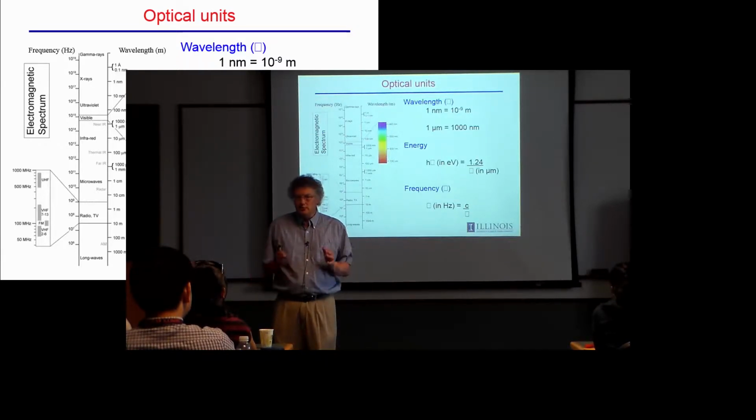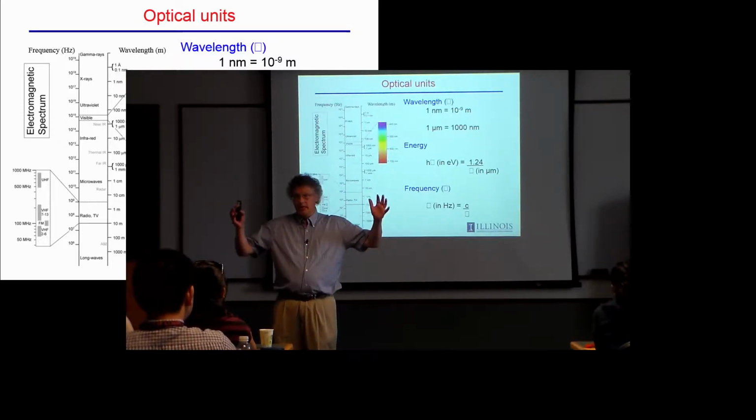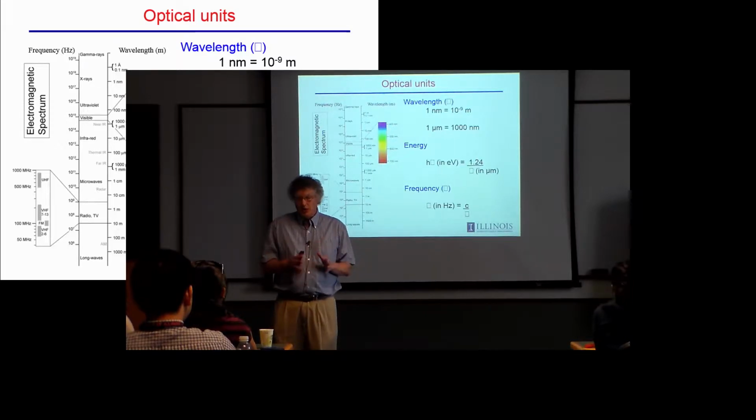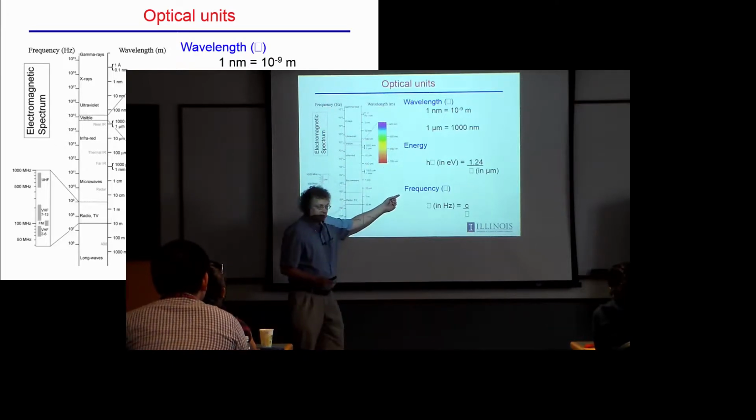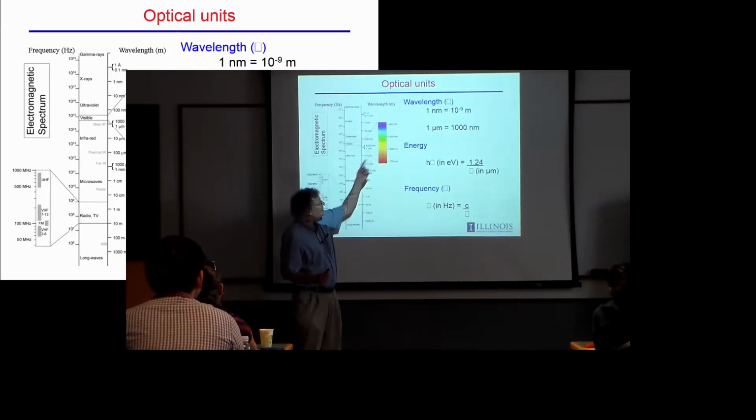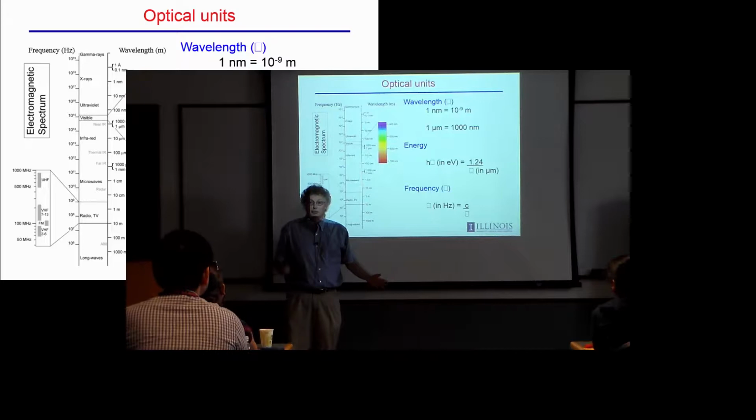Even light that interacts with matter that's transparent, like say glass or air, there's still some interaction with the atoms in that solid, and so light slows down. And when it slows down, its wavelength shortens. So even though energy and frequency don't change, the wavelength will, depending on what material it's in.